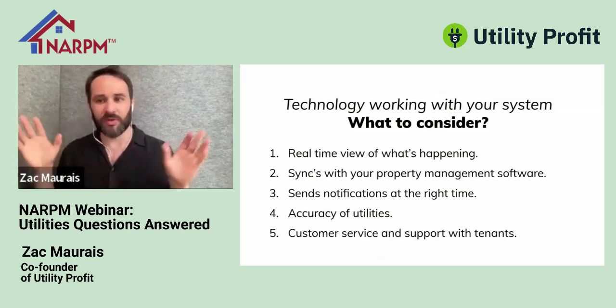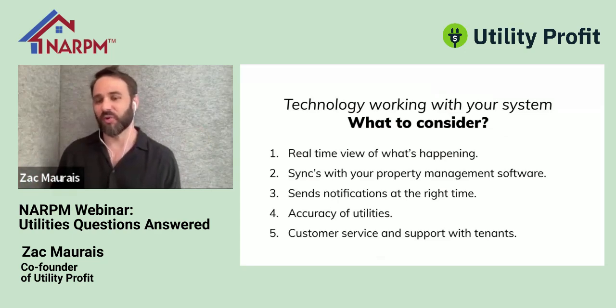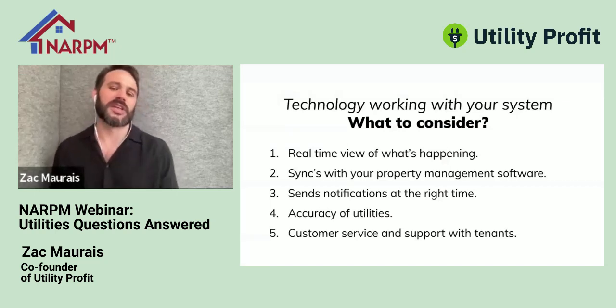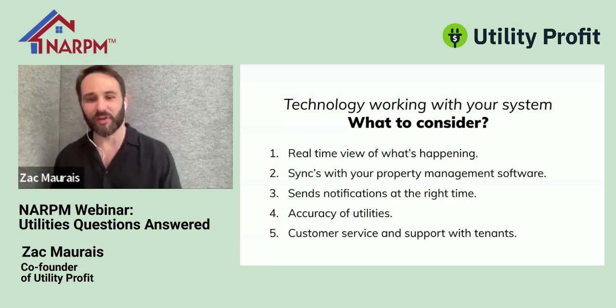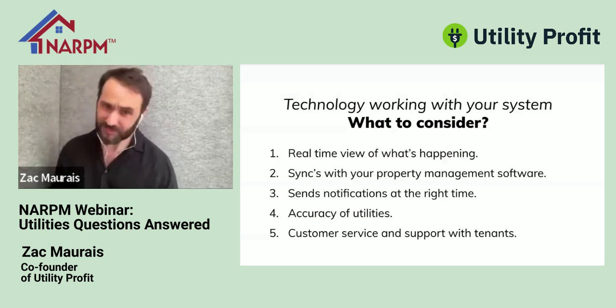We're working with over 100,000 homes today, and that number is growing really quickly. Some of the things we think are most important are accuracy of the utilities information, making sure it's correct for every address, sending the right notifications at the right time, and providing a super high level of support for tenants.